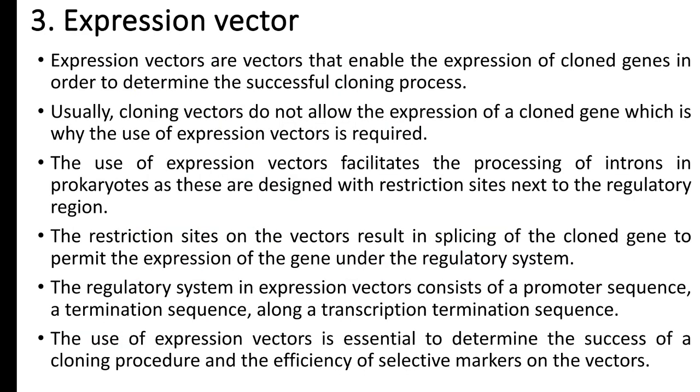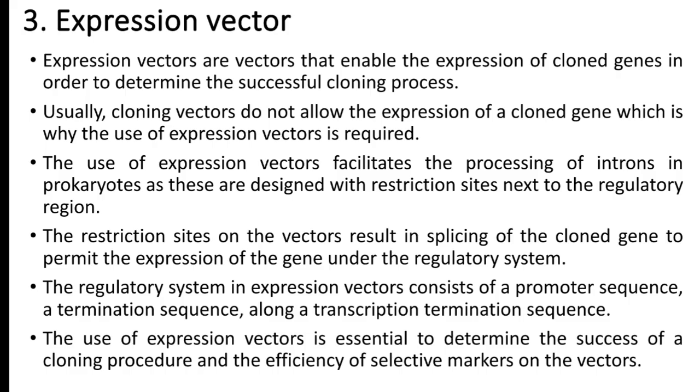Next, expression vector. Expression vectors are vectors that enable the expression of cloned genes in order to determine successful cloning process. Expression vector is a DNA molecule, typically a plasmid or can be a virus, designed to introduce a gene to the host cell and direct the synthesis of protein encoded by the gene.